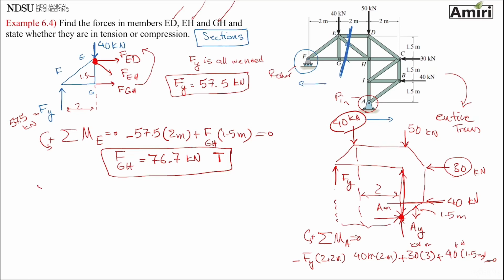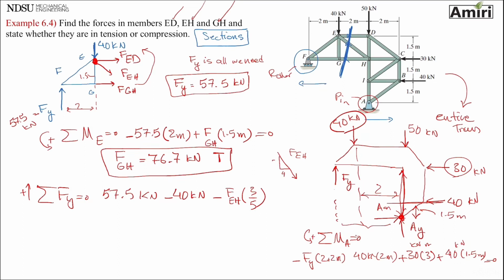Let's do summation of forces in Y equals 0. I have a 57.5, I have a minus 40, I have a minus EH, and we are looking at 3/5. Force FEH is like this, moving 1.5 by 2, so it is like 4 and 3, same ratio.